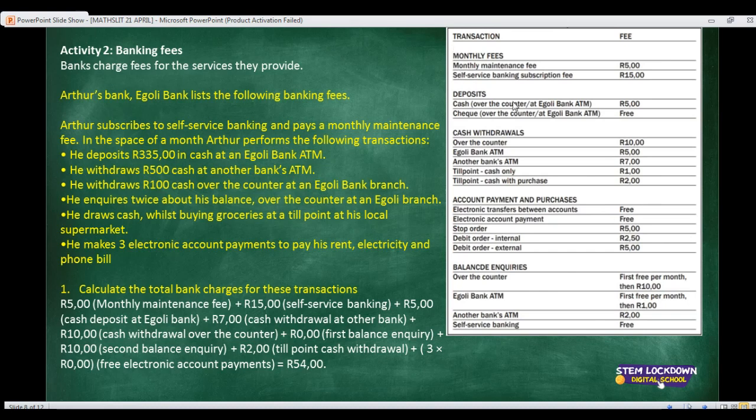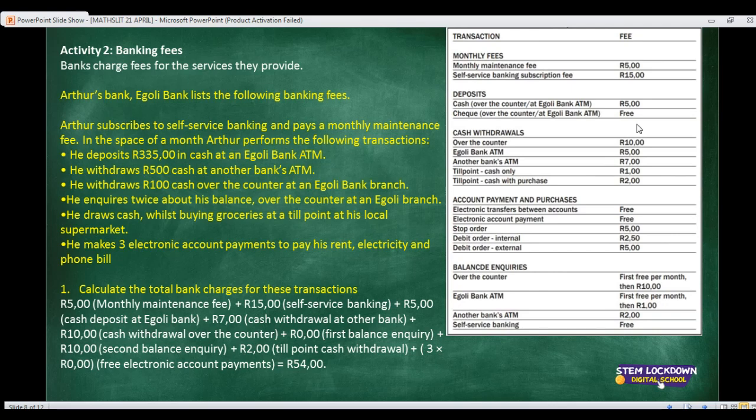Then for deposits, if you deposit cash over the counter or at an Egoli Bank ATM, you'd pay 5 rands. If you deposit a check over the counter or at the Egoli Bank ATM, it would be free. If you're paying by card at a till point, the fee would probably be 5 rands. These are examples.